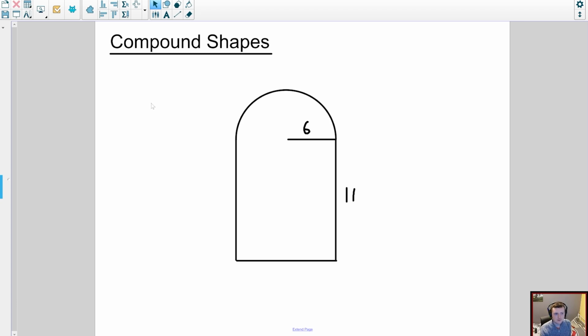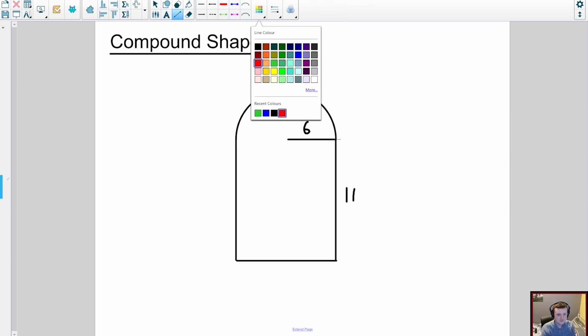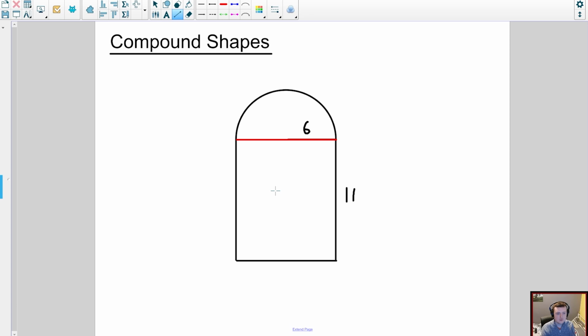Okay, so firstly, I'm going to make a split, and my split is going to be here. I've made a rectangle and a semicircle. So let's call this A and call this B. I can work out the area of this rectangle B. I know the height, they've told me, is 11, and I know the width.